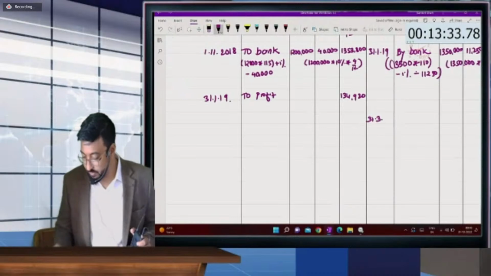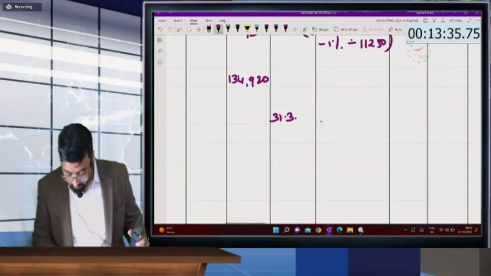And then 31st March, by interest receivable.